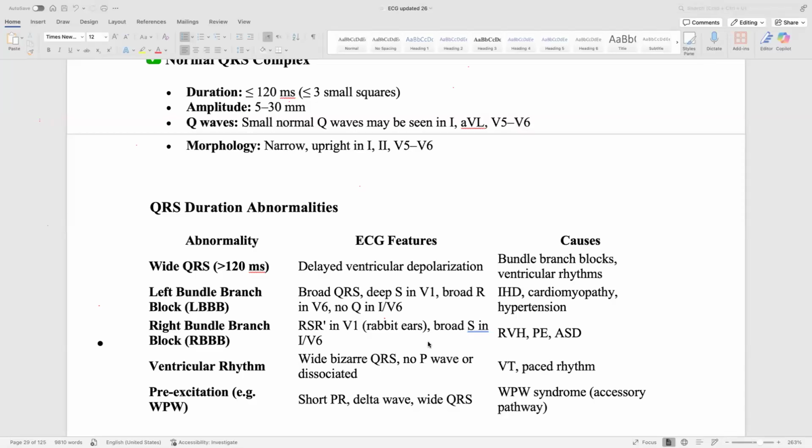So the causes of wide QRS are bundle branch block or ventricular rhythm. In the bundle branch block, the rhythm comes from the other bundle, left from the right bundle, right from the left bundle. So bundle branch block or ventricular rhythm. That is wide QRS.